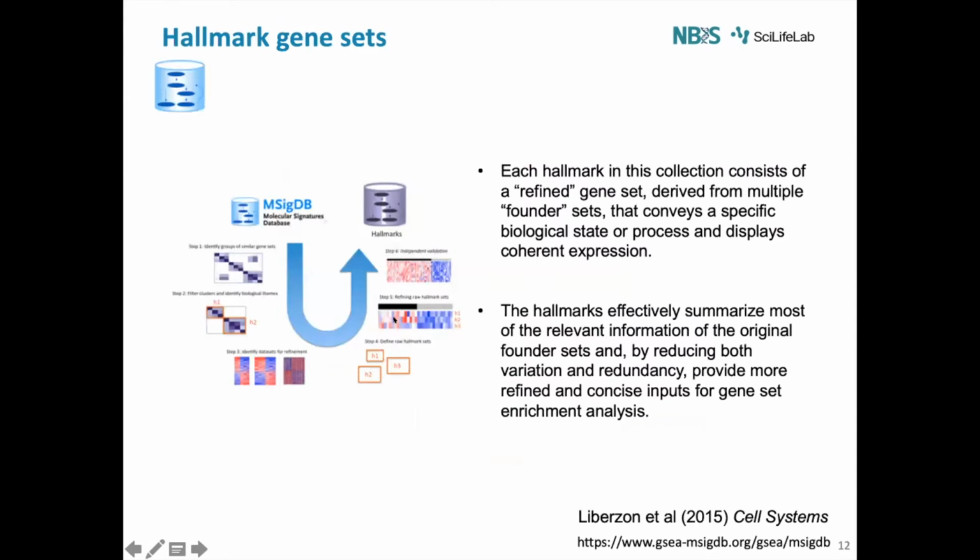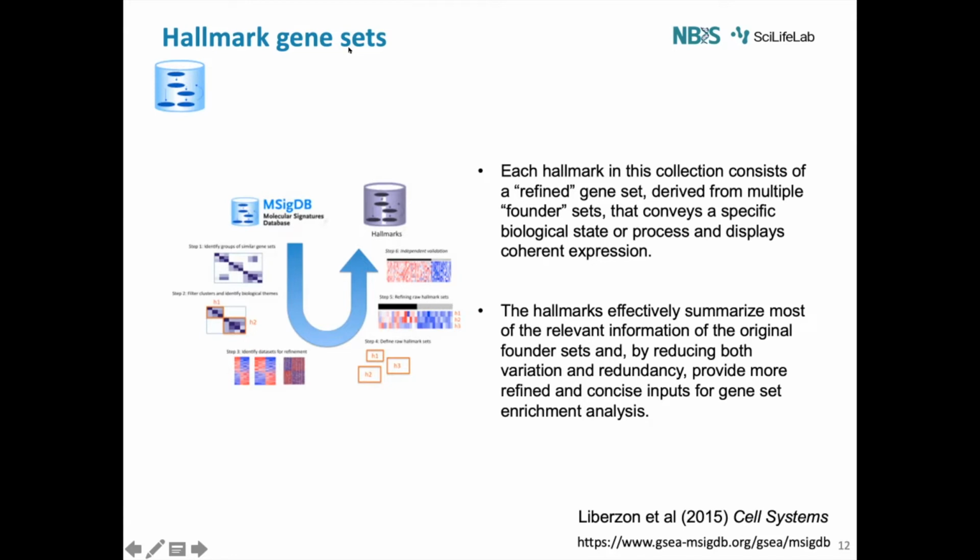And another one is from the molecular signature database, which is called the Hallmark gene sets. This is taking public data sets and analyzing them to form co-expression patterns. Those patterns are curated by Harvard, so the molecular signature database, and compiled into these Hallmark gene sets.